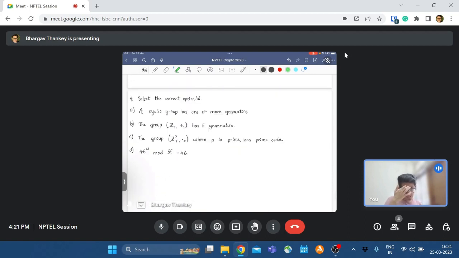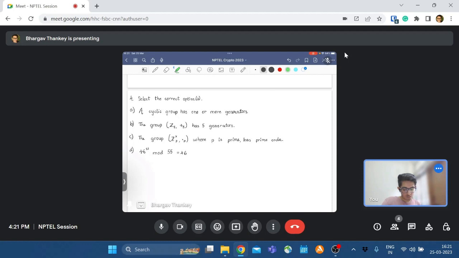So the next problem is: select the correct options. Option A is a cyclic group has one or more generators. Option B is the group Z5 with addition mod 5 has 5 generators.